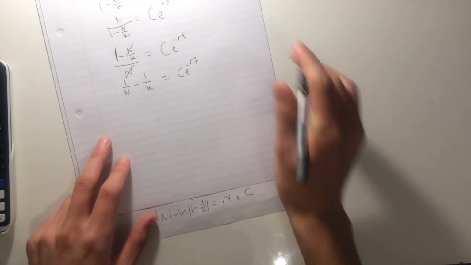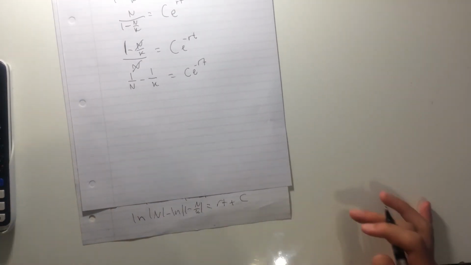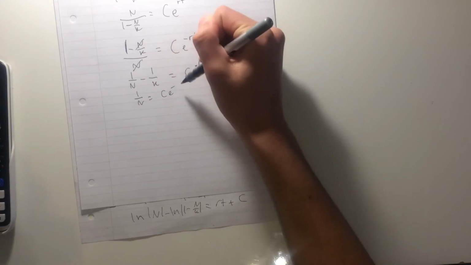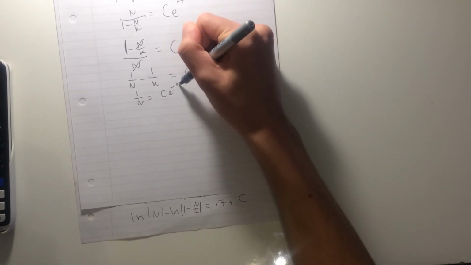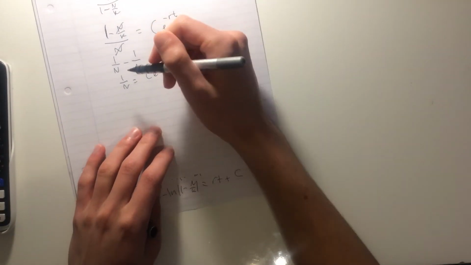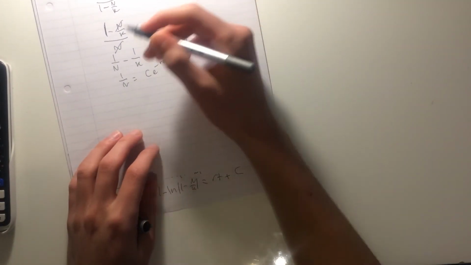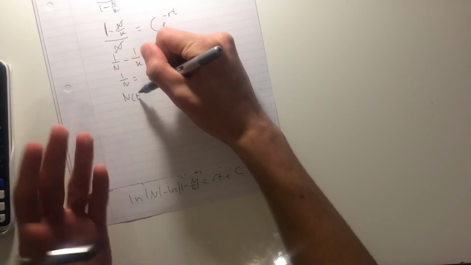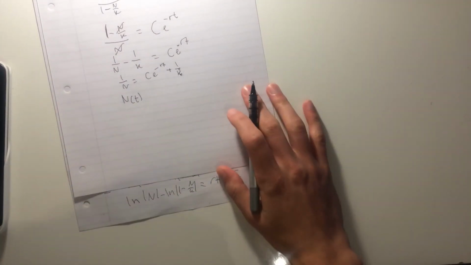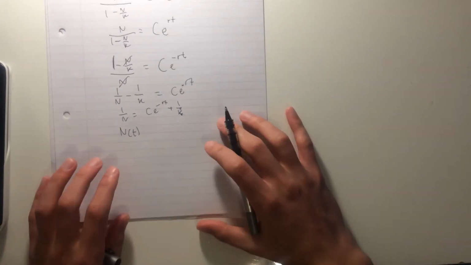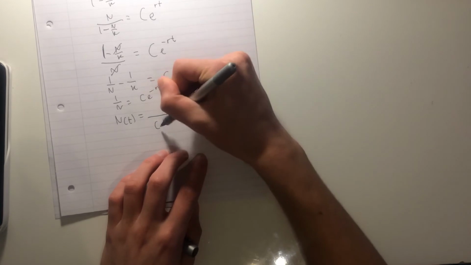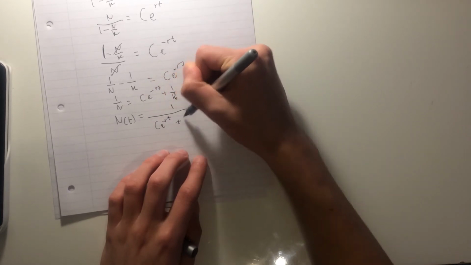Now we can write 1 over n equals c e to the power of minus rt plus the reciprocal of k. That's important because we can invert everything, and we get n as a function of time, because we're measuring the population growth over time. It's equal to 1 over this thing plus the reciprocal of k.